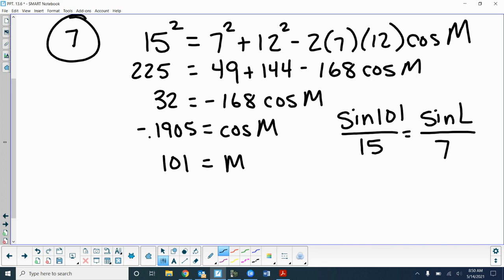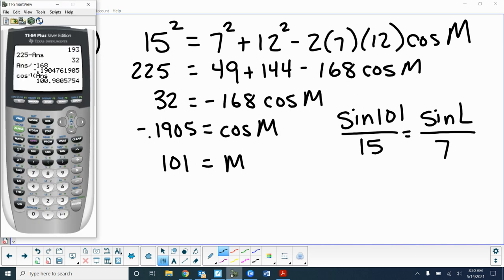Yeah, angle or side L was 7. All right, so we go 7 sine 101 divided by 15. And then I'm gonna go second sine, second answer for that one, because I'm using law of sines.